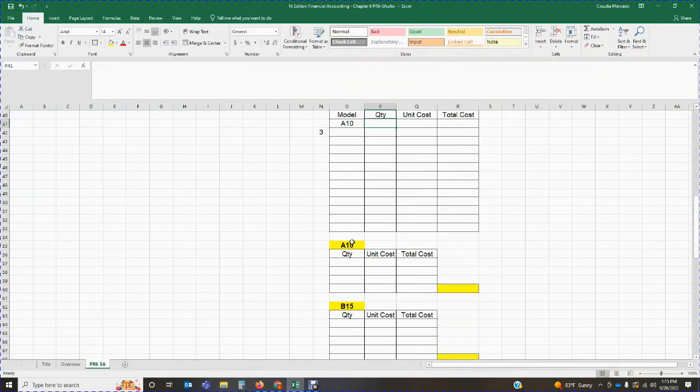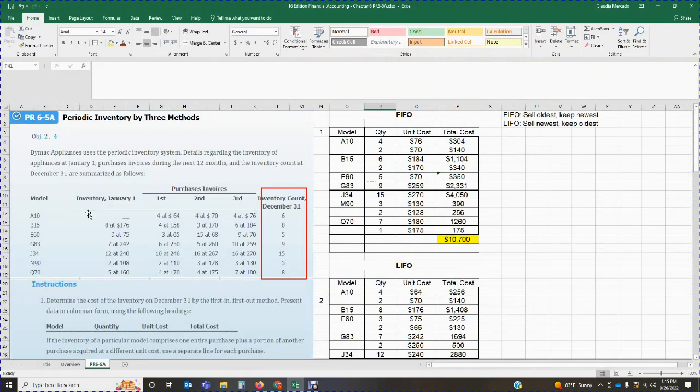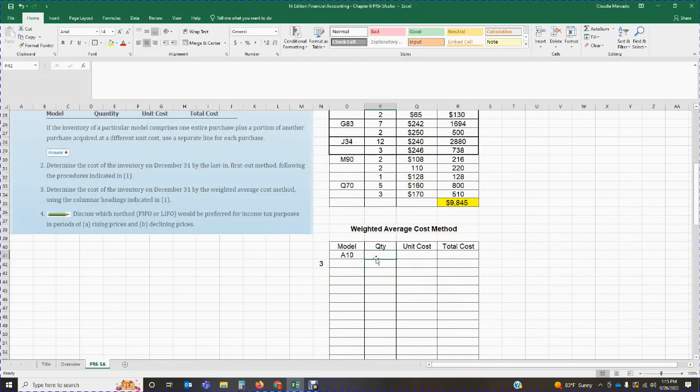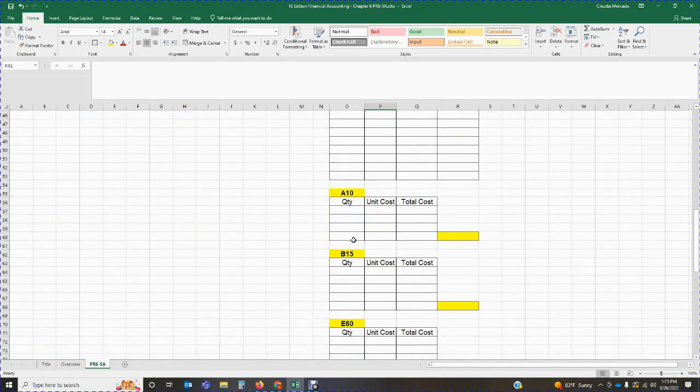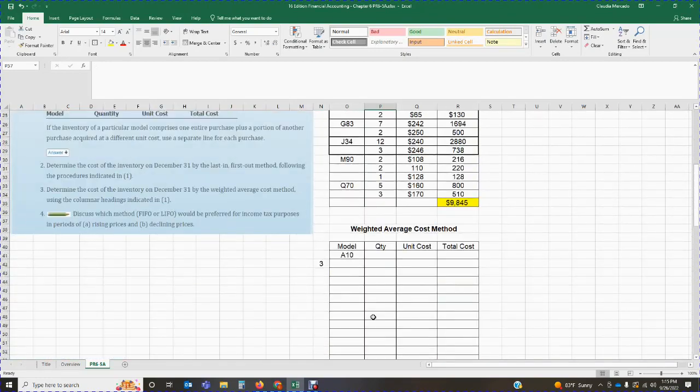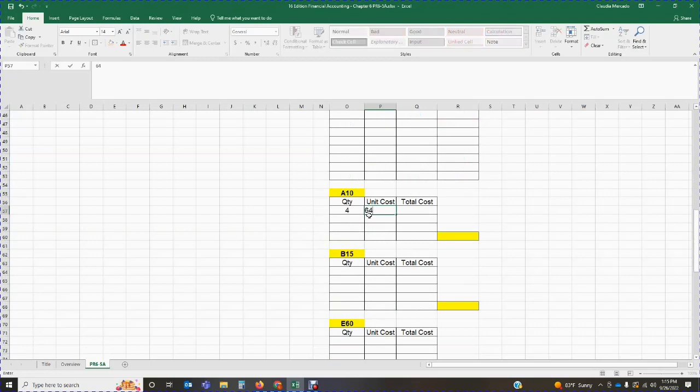For model A10, let's do the calculations. We have 4 at 64, 4 at 70, and 4 at 76. I'm sorry, it was 4 at 64, I believe.